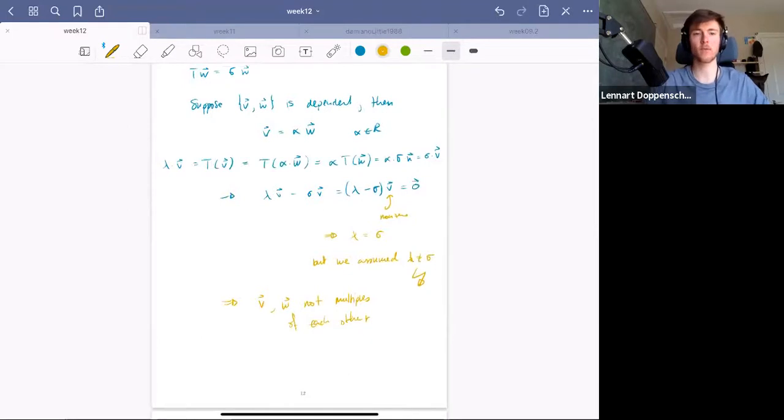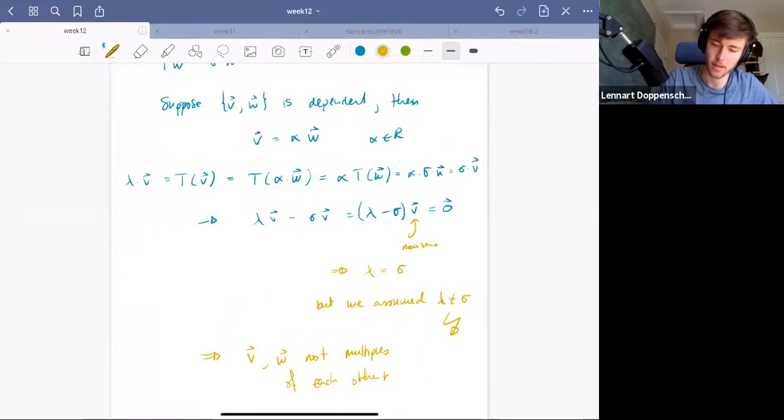And this is technically what Adrian wrote in the chat, that if they're dependent, they have to have the same eigenvalue. That's exactly this line here. It's just a matter of how you start the proof so that you have a consistent argument.